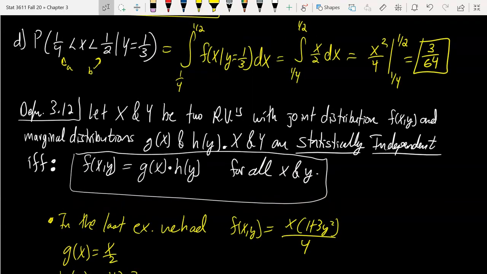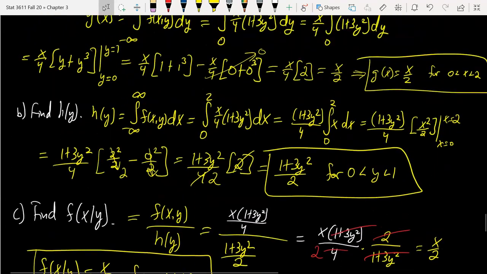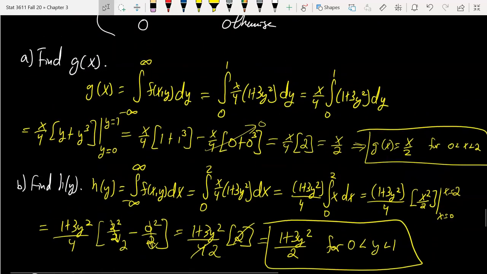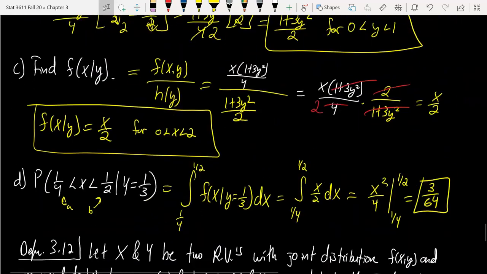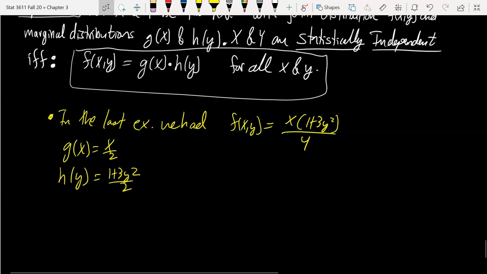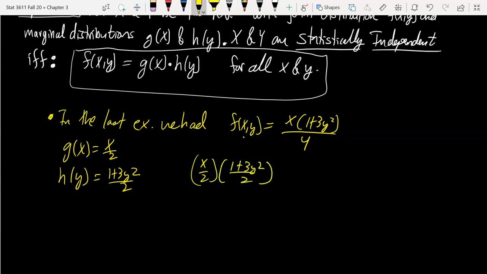H of y is 1 plus 3y squared over 2, and g of x is x over 2. Okay? And just notice x over 2 times 1 plus 3y squared over 2 here is x times 1 plus 3y squared over 4. And so that's a good check that in the last example, x and y were, in fact, independent, okay?